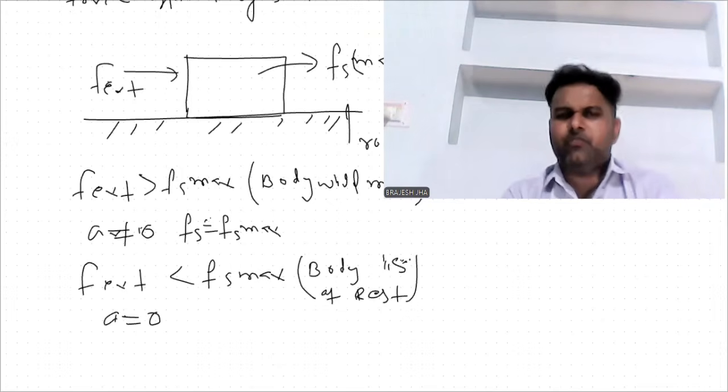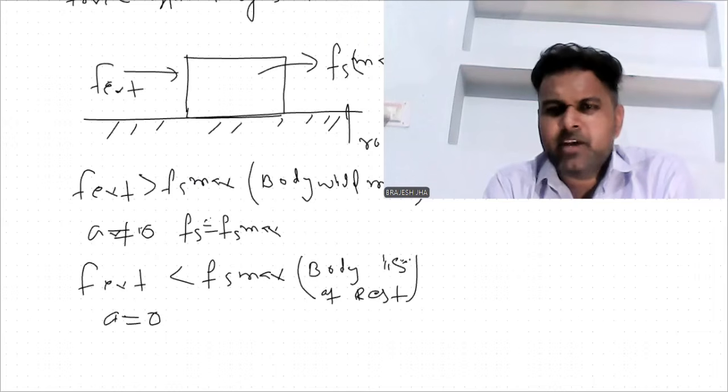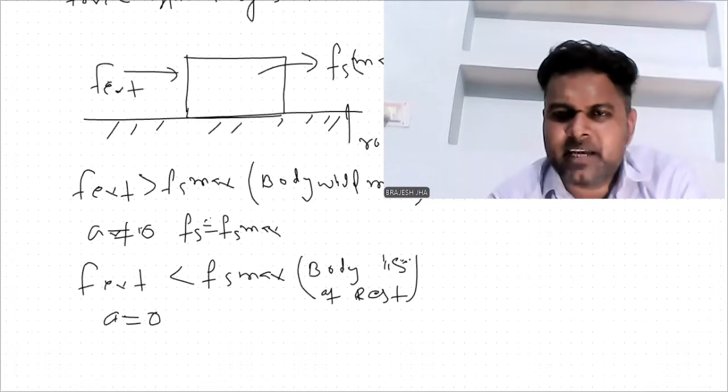What is the value of the friction force? Some student is thinking, sir, very simple, Fs max. No, no, no. Because how is it possible? I applied the F external, which is less than Fs max.